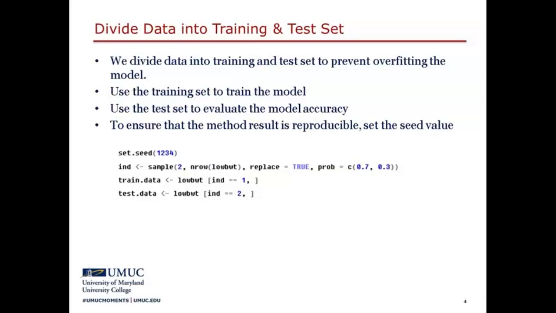So what we do is we split the data into training and test. We use our training set to build the model, and we use the test set to evaluate the model. And we want to see approximately the same accuracy when we compare the accuracy on the test set with the accuracy on the training set, right?